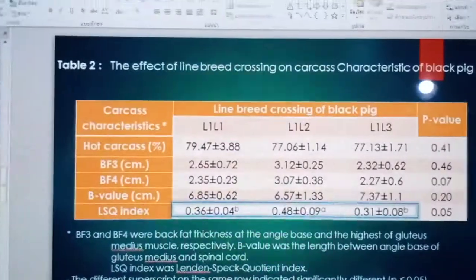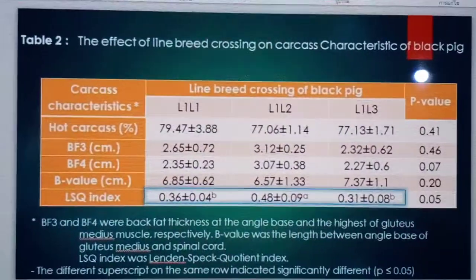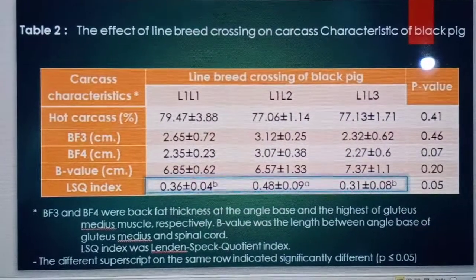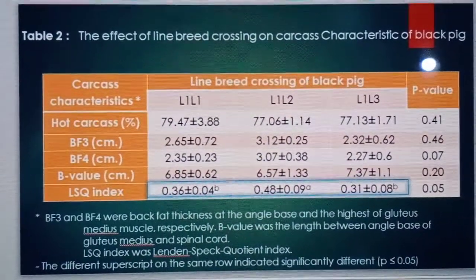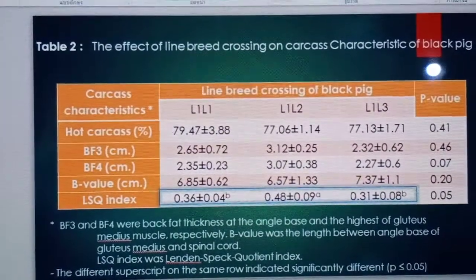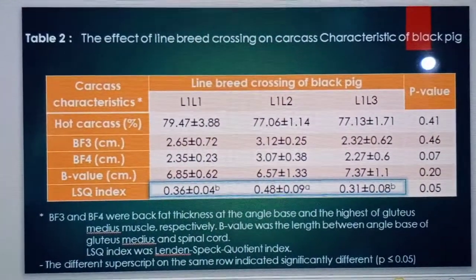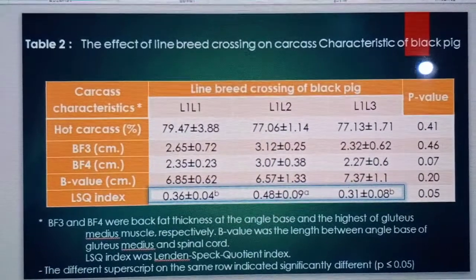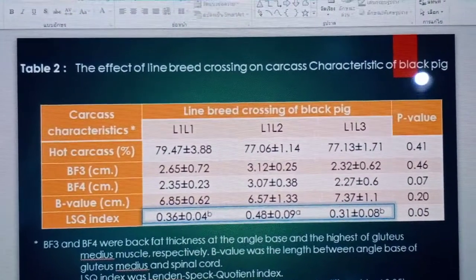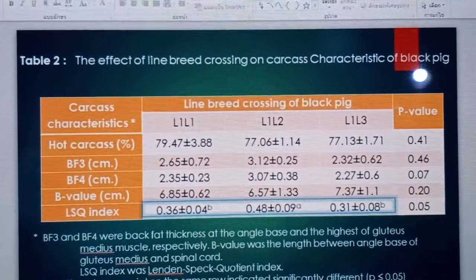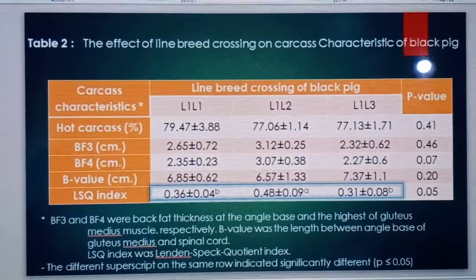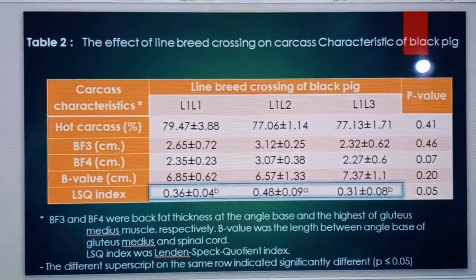But we found that the LSQ index was lower in L1, L3 when compared with L1, L2. This indicates that L1, L3 seems to have greater growth performance than L1, L1 and L1, L2, and also seems to have greater lean percentage than L1, L2.